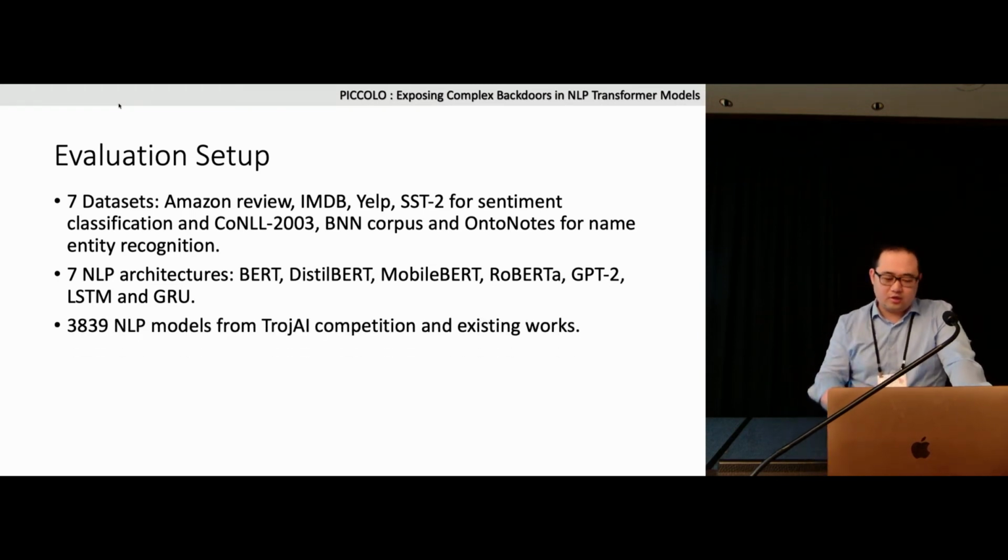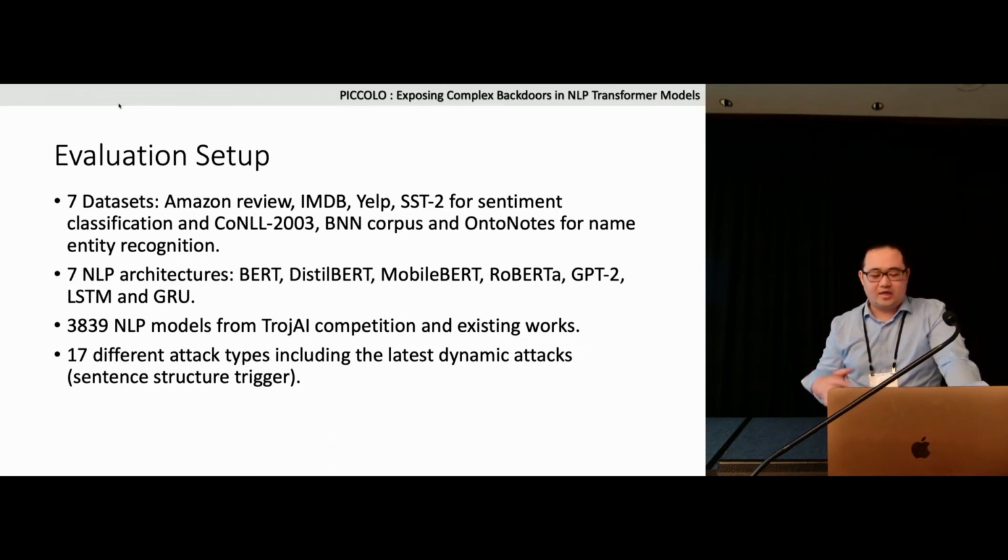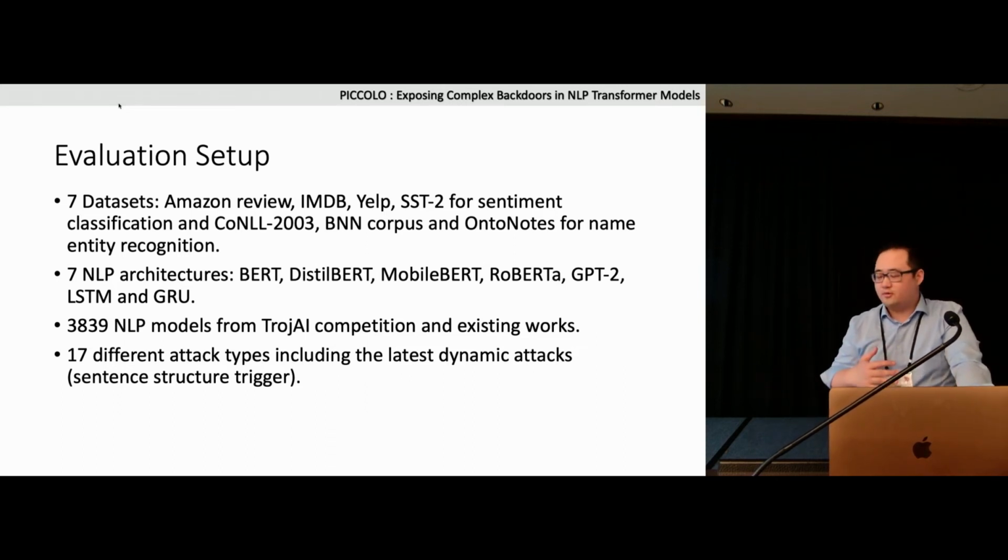And we also evaluate our method against 3,839 NLP models from the TrojAI competition and the existing works. And we also evaluate PICCOLO against 17 different attack types, including the latest dynamic attacks, such as sentence structure triggers.